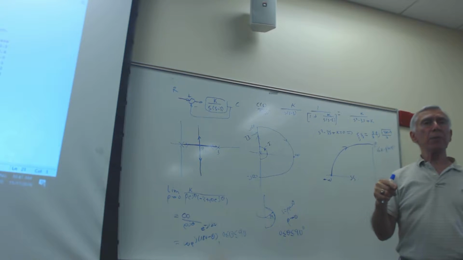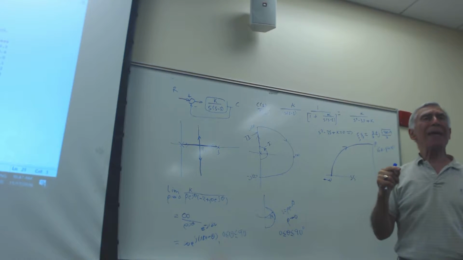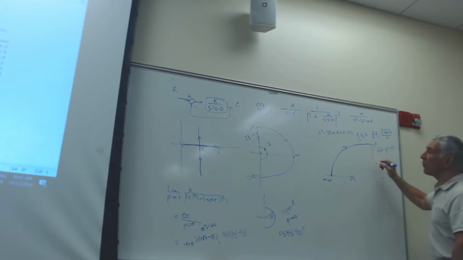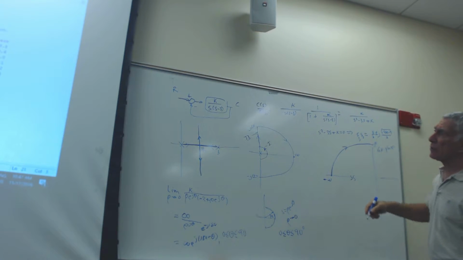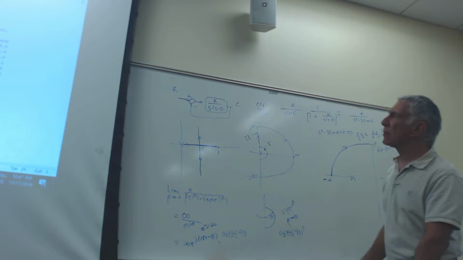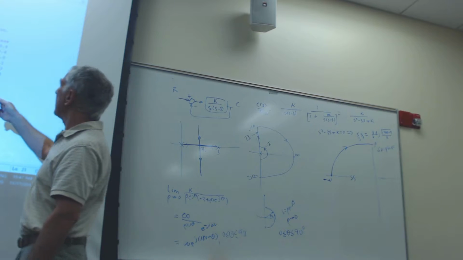Really, finally, what we want to do is determine the N value. We had a magnitude of 0.3 and the phase was minus 251 or so.